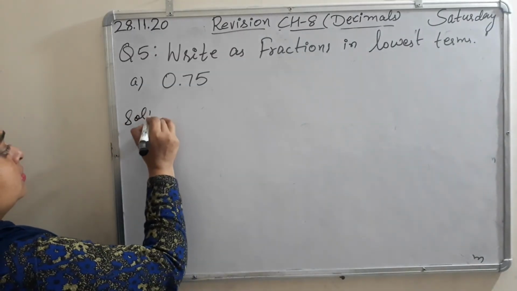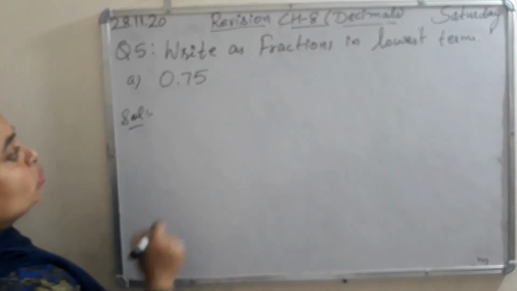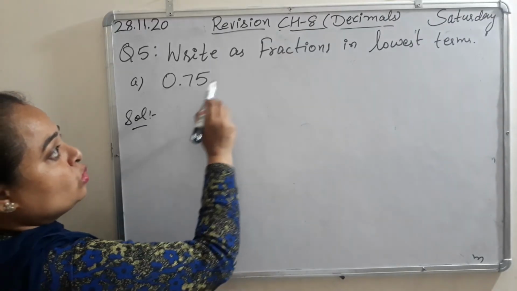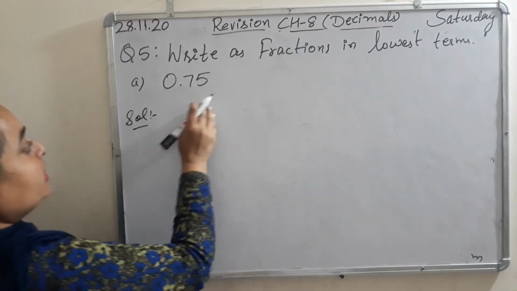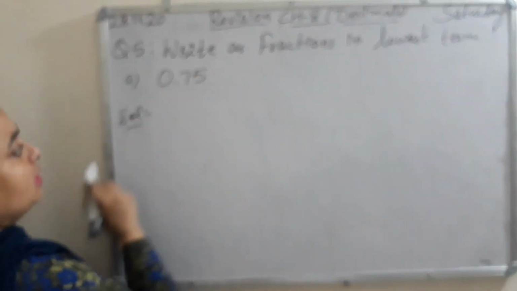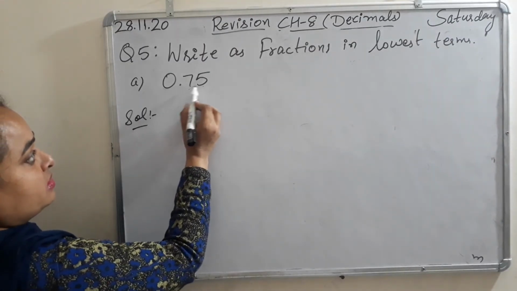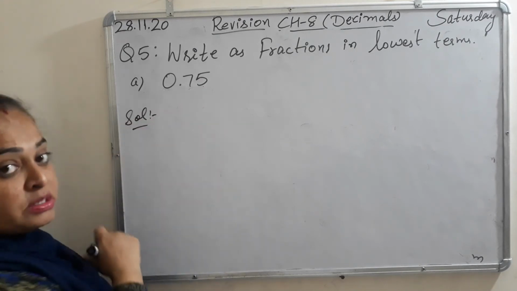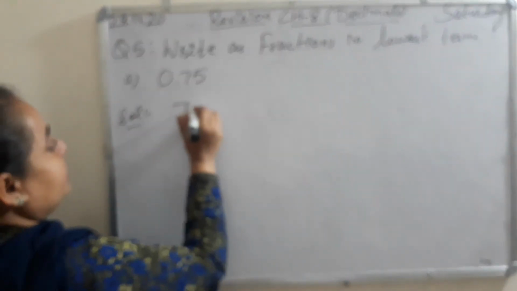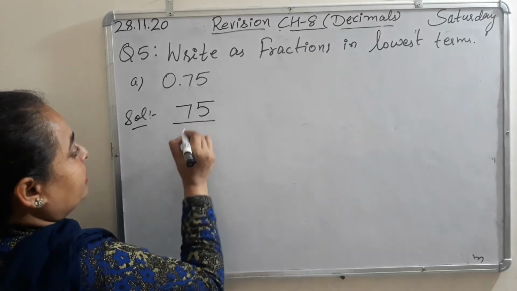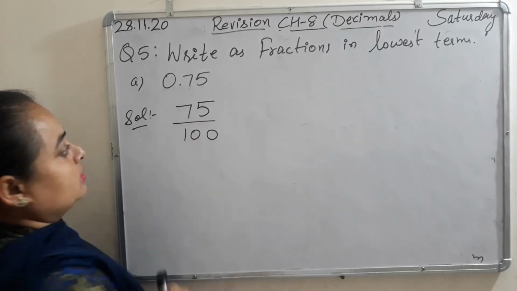0.75. Now to change this to fractions, we will remove this decimal. After the decimal, we have two decimal places. So when you remove this decimal, you will get 75 divided by 100.